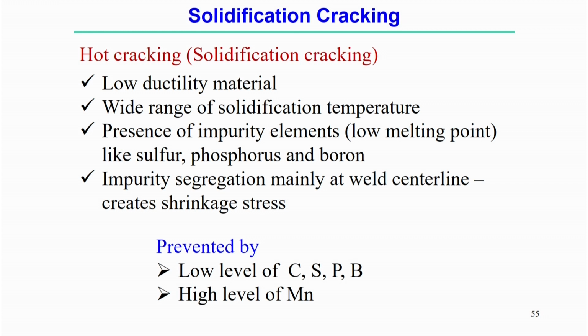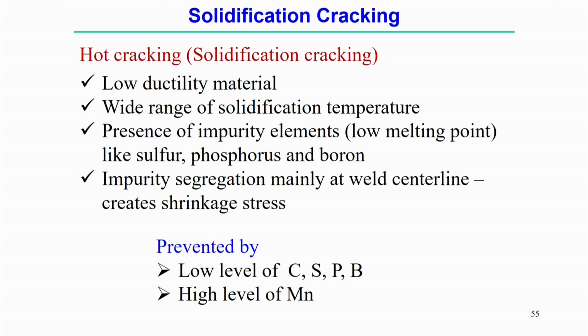And of course, from the metallurgical point of view, if the material contains impurity elements with low melting points, like sulfur, phosphorus and boron, and sometimes carbon within the alloy, that promotes solidification cracking, or hot cracking.